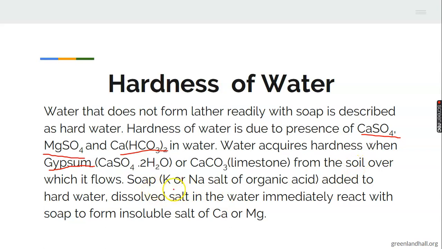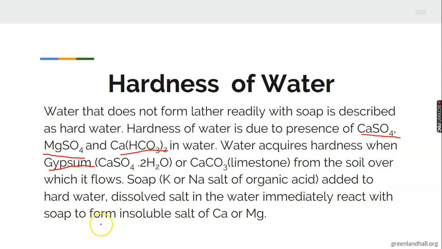Soap is the potassium or sodium salt of an organic acid. Whenever soap is added to this hard water, the hard water dissolves the salt in water immediately and it reacts with the soap.